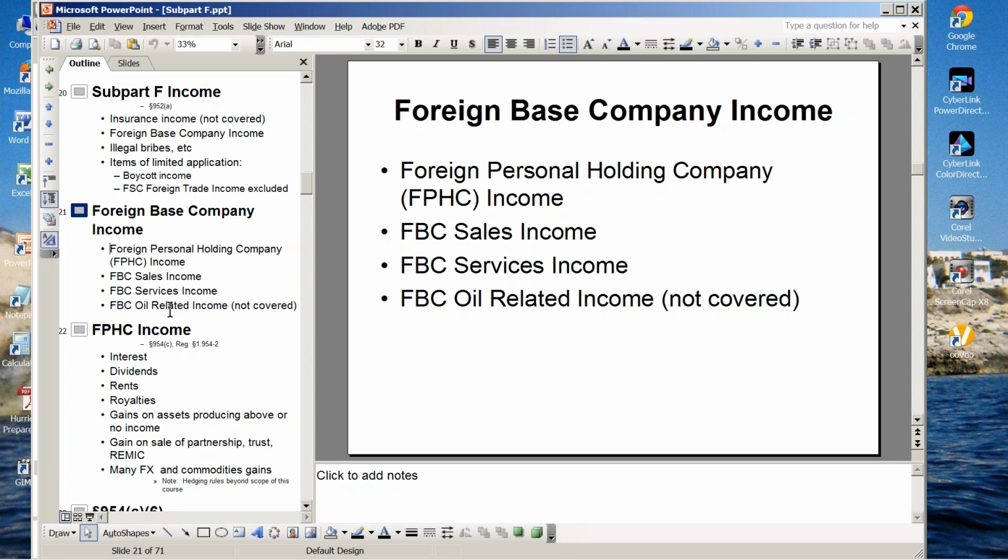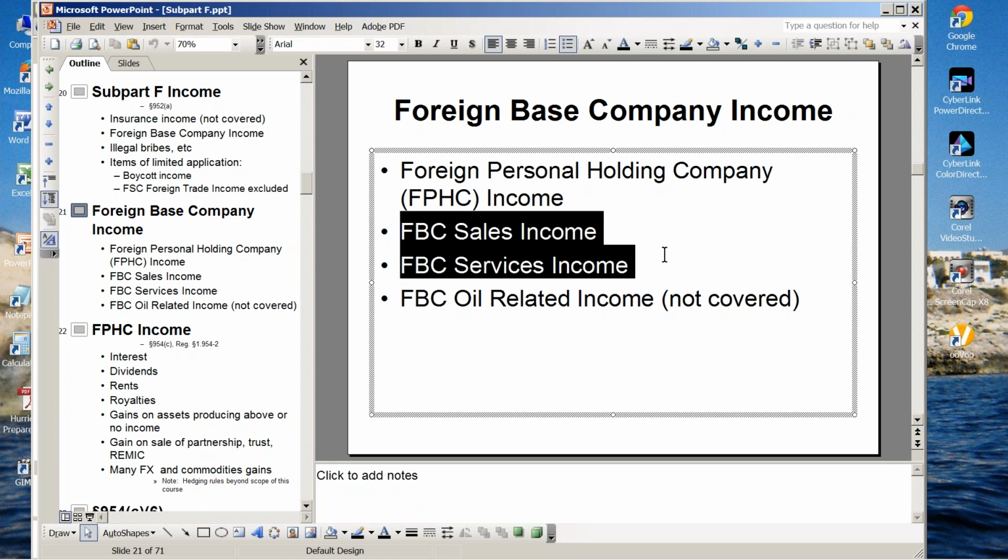We're not going to cover foreign-based company oil-related income. If I were teaching this course in Texas or Oklahoma, we would be, but we're in New Jersey, so we just don't encounter it that much. What we're going to cover tonight is the other 2, foreign-based company sales income and foreign-based company services income.